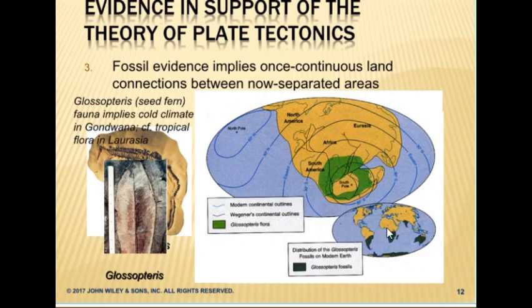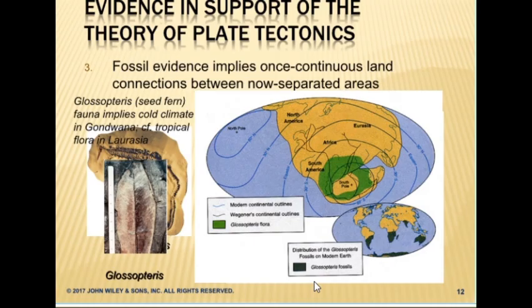Do you understand? Yeah. It doesn't have that capacity to swim that distance. And the fact that you can find it at this location and this location should suggest that the continents were once together. Very important, Mesosaurus. So this is fossil evidence. We find it in the present day at these 2 locations, which suggests that in time past, those continents were once together.